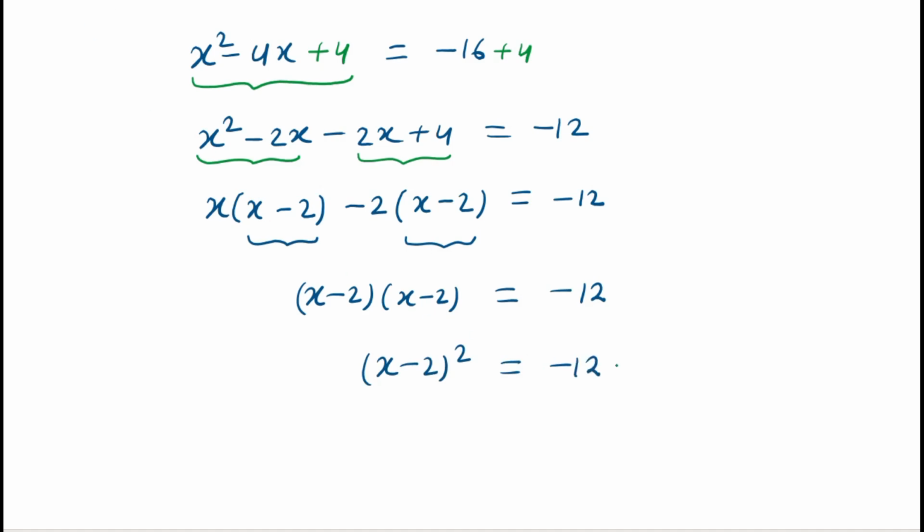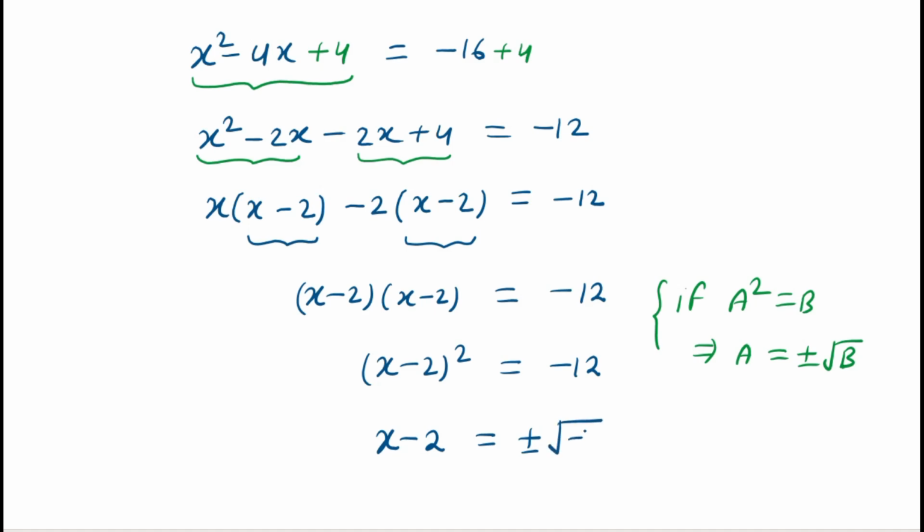Now we apply this rule: if a squared equals b, then a equals plus or minus the square root of b. So x minus 2 equals plus or minus the square root of minus 12.